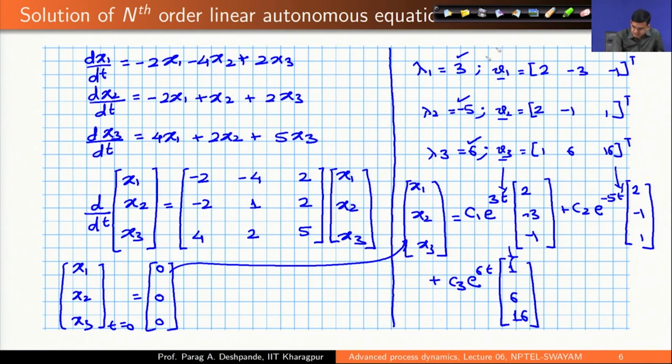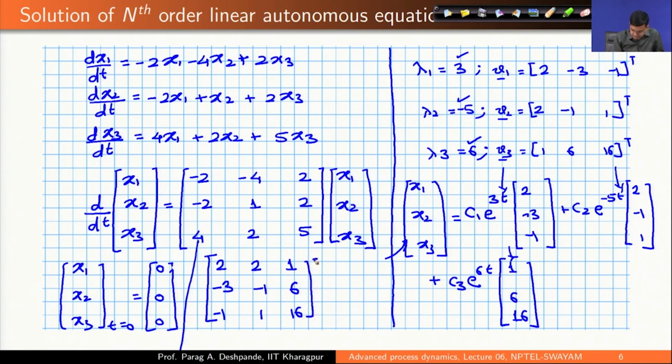What you will get is an equation of the form: the matrix with columns (2, -3, -1), (2, -1, 1), (1, 6, 16) multiplied by (C1, C2, C3) is equal to (0, 0, 0).